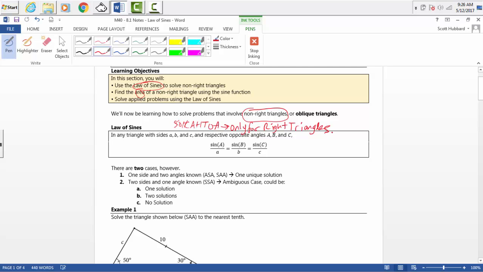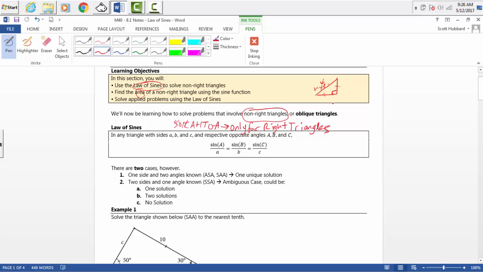We had to have a triangle with a right angle, because that's what tells you that you have a hypotenuse. You don't have a hypotenuse for a non-right triangle. So hypotenuse and legs only appear for a right triangle.